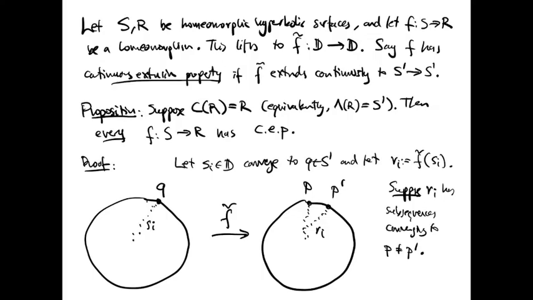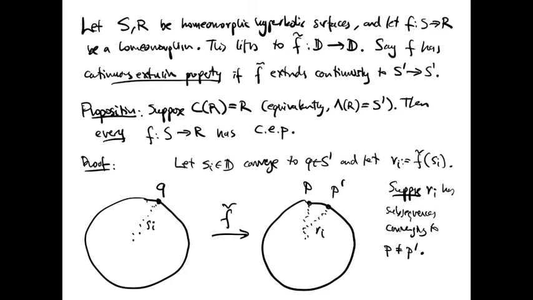Now let's suppose we have two hyperbolic surfaces S and R and a homeomorphism F between them. The homeomorphism F lifts to a map F twiddle between the universal covers, and since the surfaces are both hyperbolic, the universal covers are both the unit disk. So we get a homeomorphism F twiddle from the unit disk to itself.